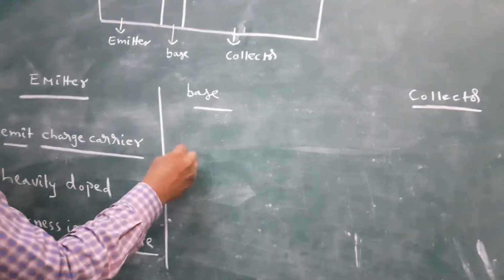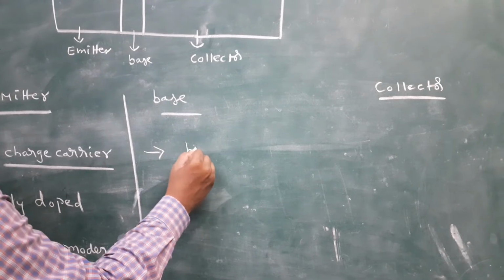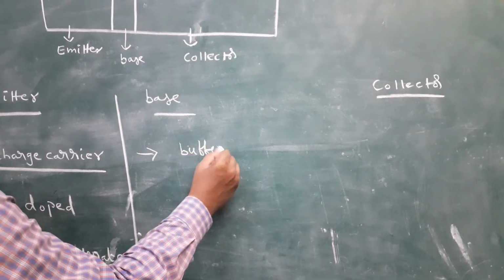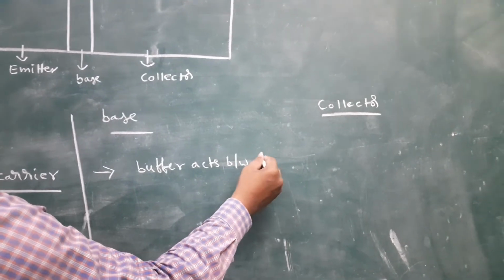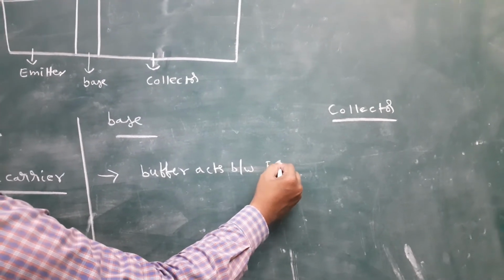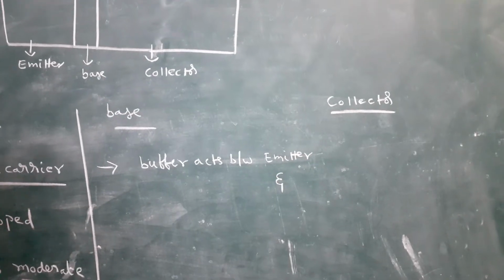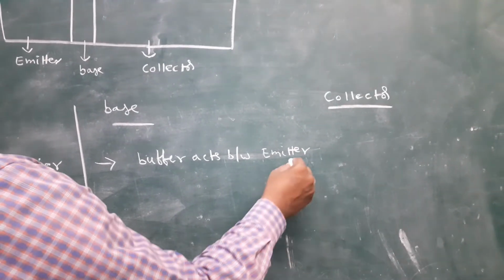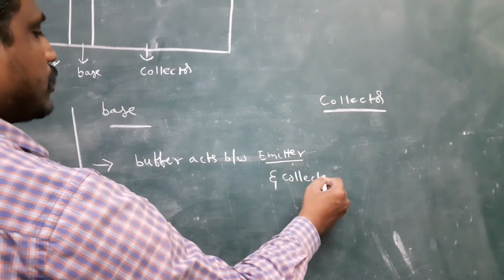Next, the base. The base's function is to act as a buffer between emitter and collector. Once again, what is the base? Base is a buffer that acts between emitter and collector.